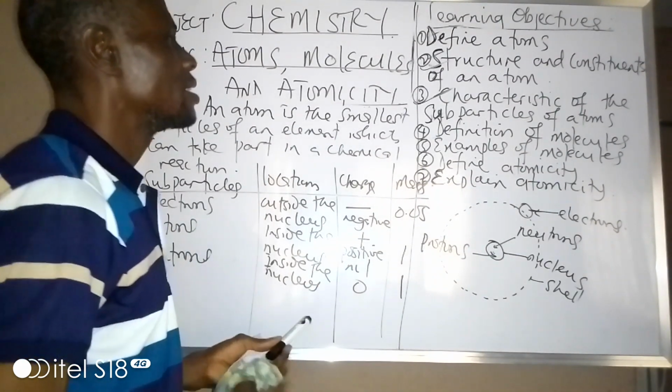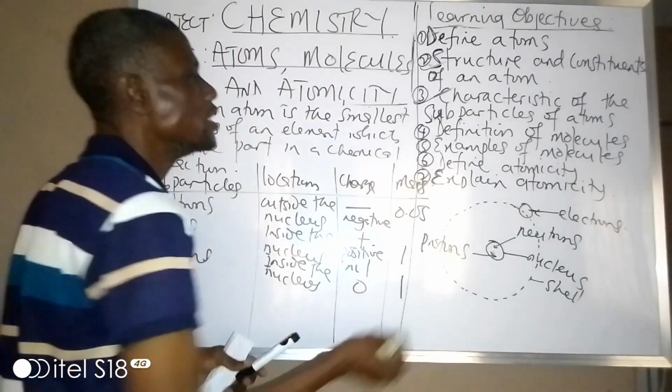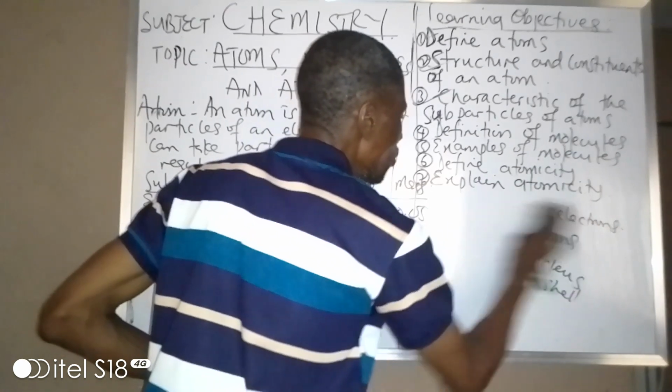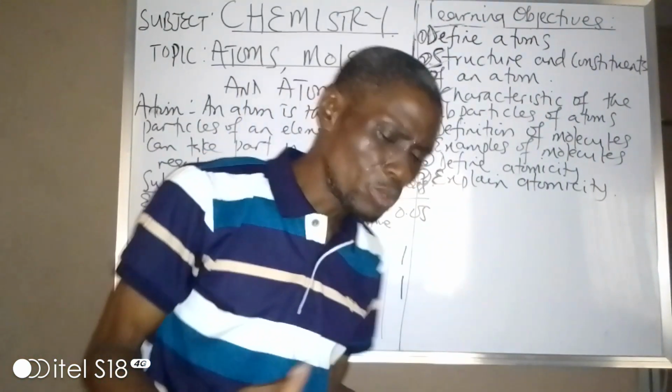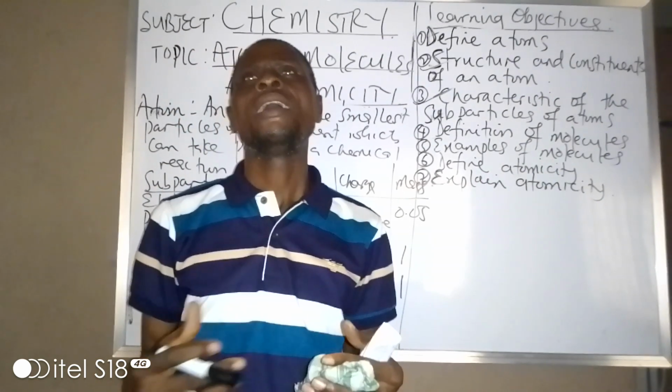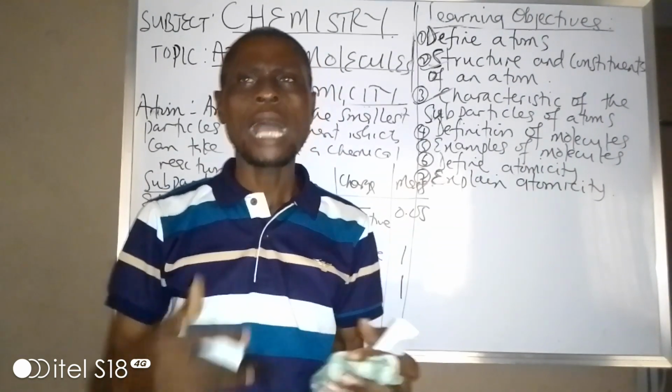Let us now look at the next one, which is called what? The molecule. What is a molecule? Now, when you talk of a molecule, this also relates to element and compound.